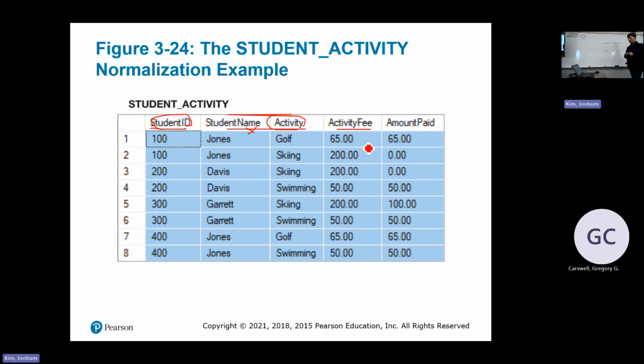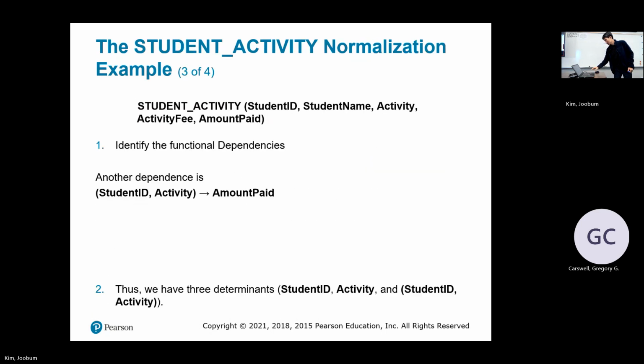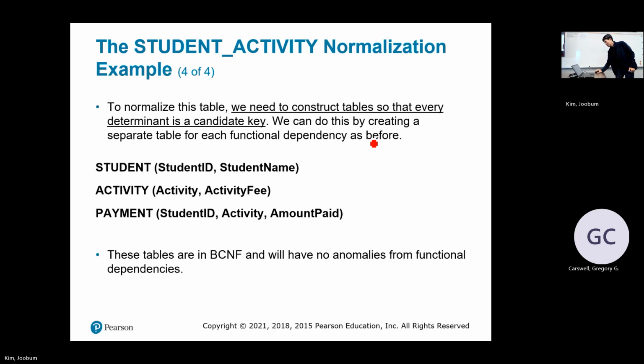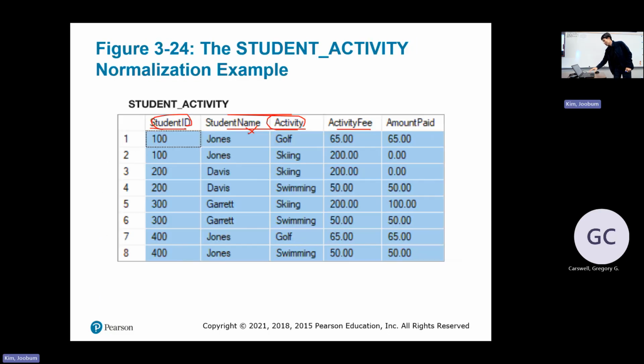So how many functional dependencies are there? Three. So the original table is not in third normal form, so we have to normalize.